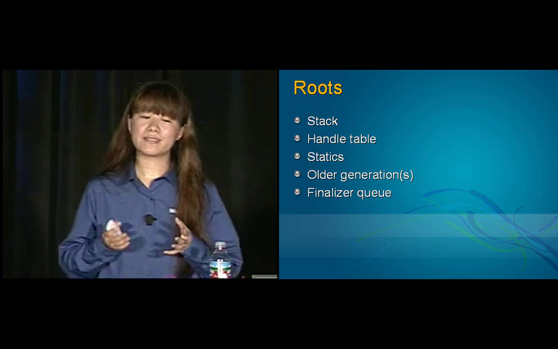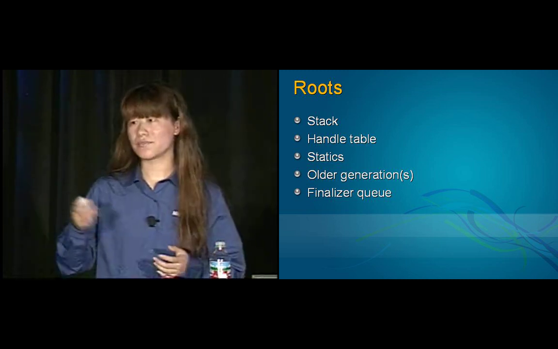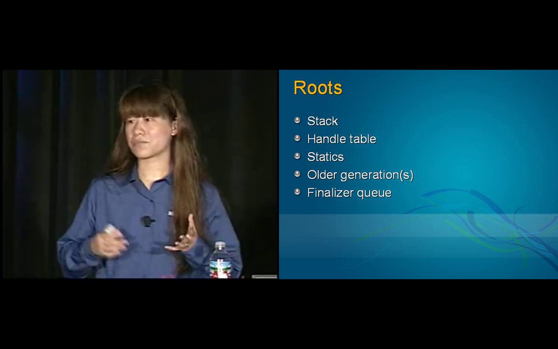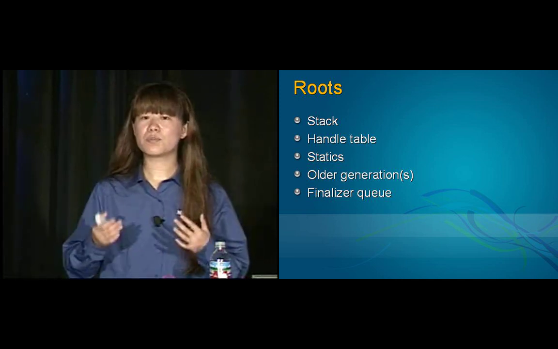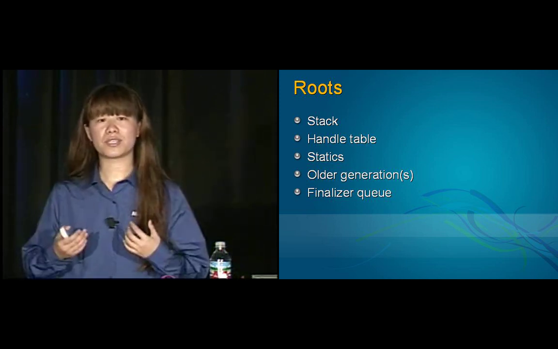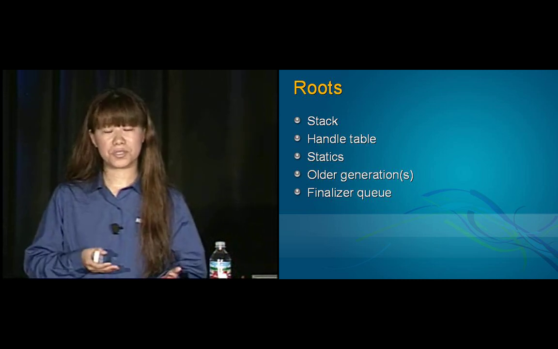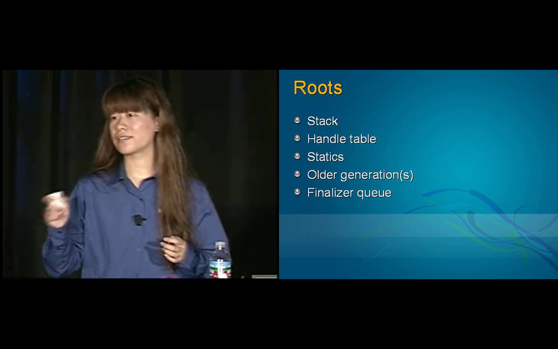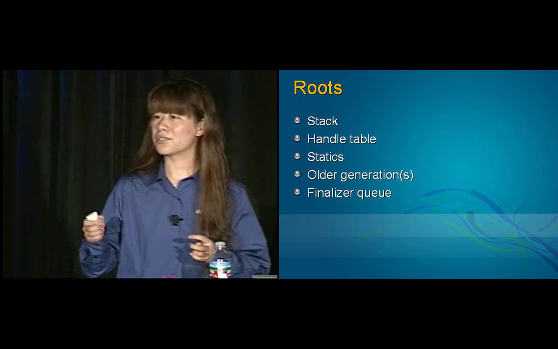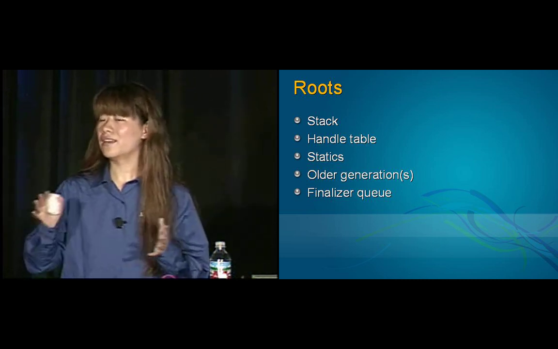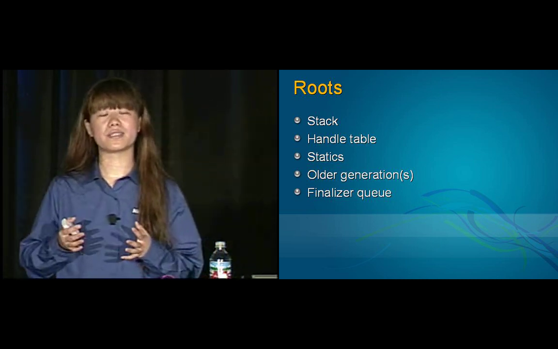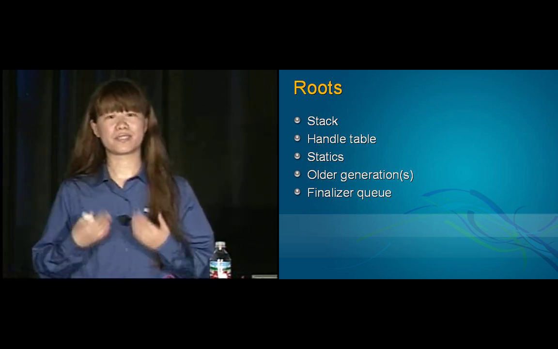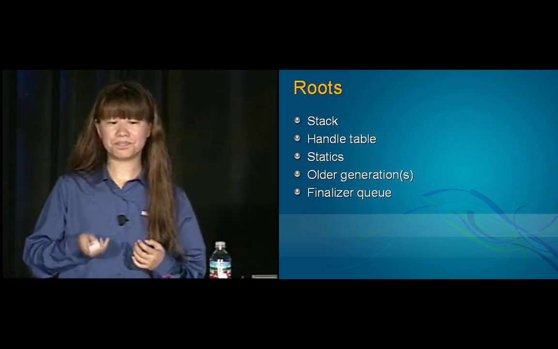Besides finding live objects on the stack that live in Gen 1 and Gen 0, and objects pointed to by handles in the handle table and stack references, you also have to consider Gen 0 and Gen 1 objects that are referenced by objects in Gen 2. GC knows how to find that out, and it uses a technique called card marking. It uses a bunch of cards to achieve that. Some of you may be familiar with garbage collection techniques. This is a classic technique, but we did a lot of optimization in our GC.